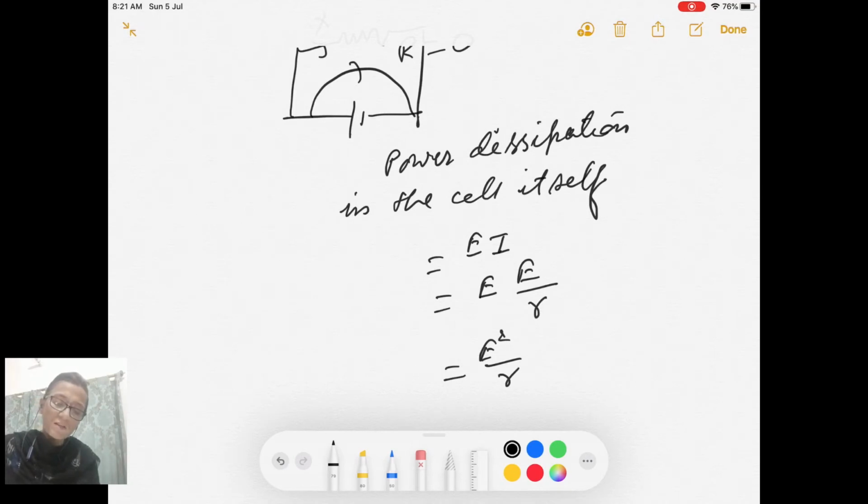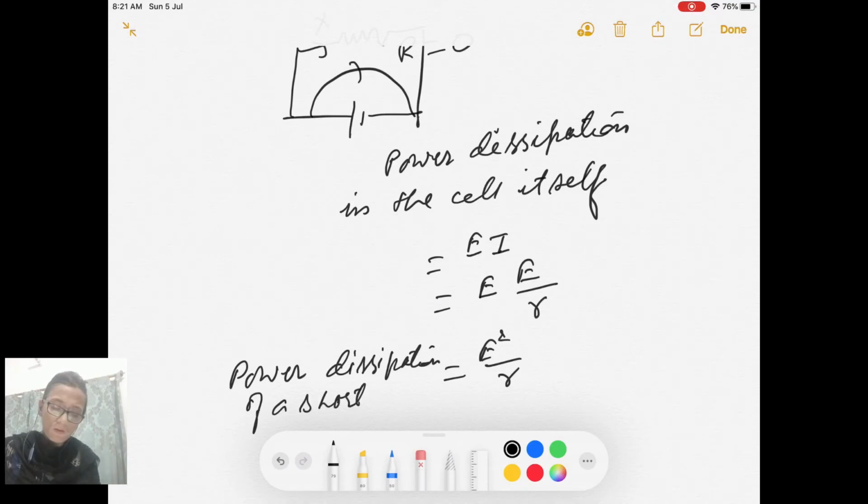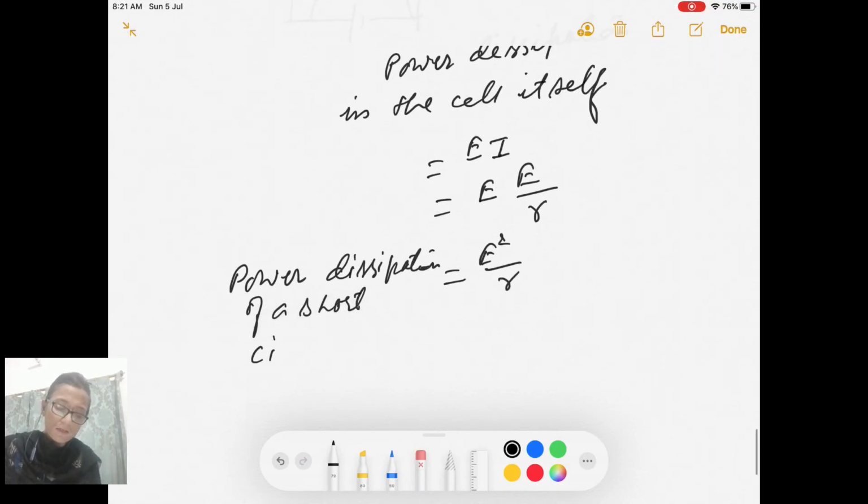So this is power dissipation in case of short-circuited cell.